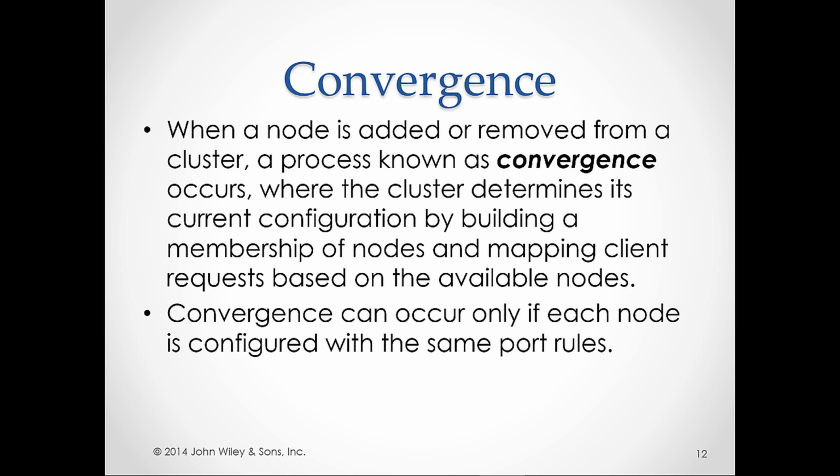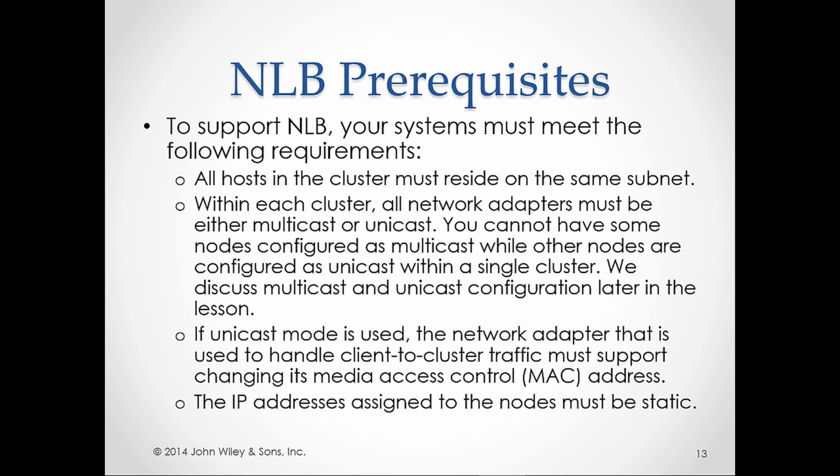That way, every node knows about all other nodes, and so when you add one, it updates it. When you remove one, it updates it. That way, all machines know all the information that everyone else knows about. Important note, convergence can only occur if the nodes are configured with the same port rules. We're going to talk about port rules here in a little bit.